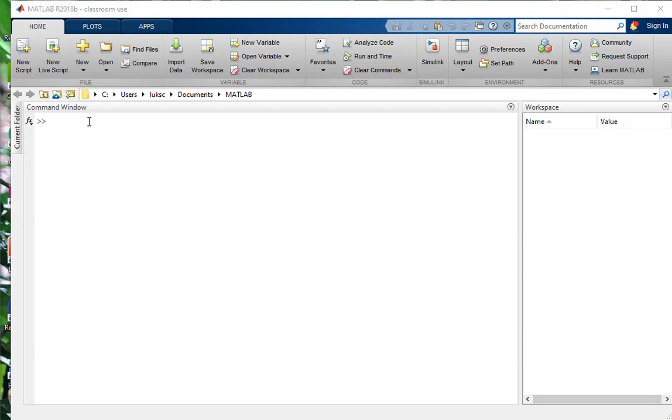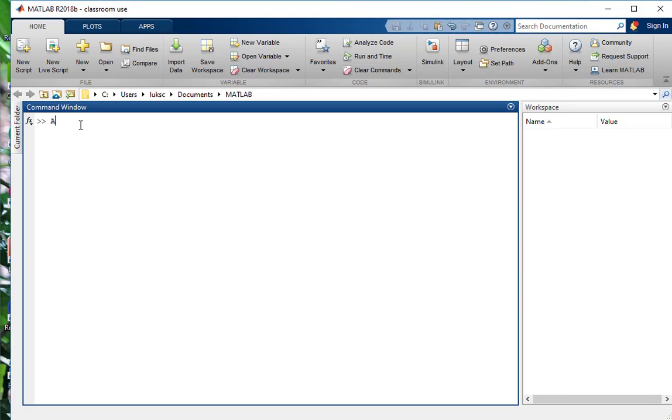So the first thing we need to know is how to enter matrices. And so we have various options of doing this. So let's say we want to put in A equals, so I'll name the matrix A. A is, and I start with a square bracket, and I put my values in without any punctuation to indicate that I've got a row.